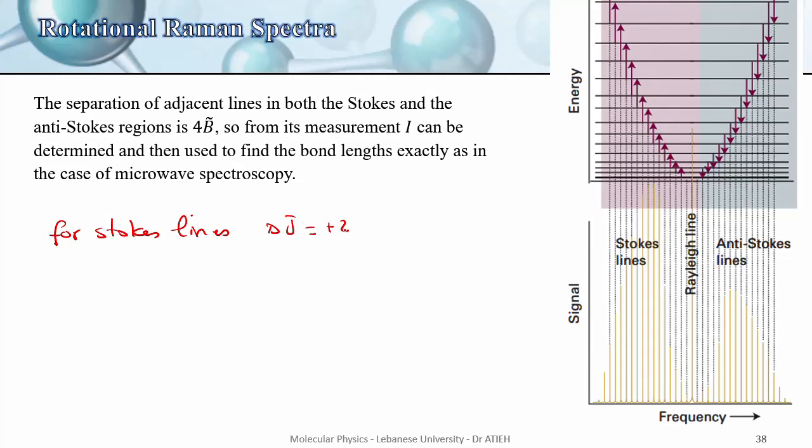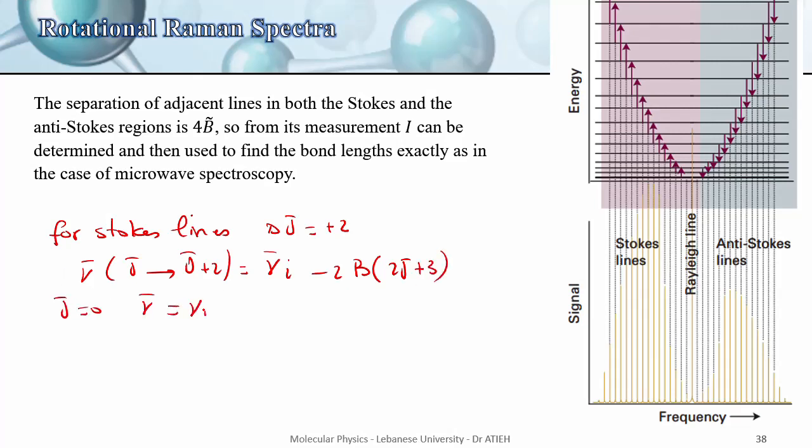And we've got nu bar, the scattered frequency when the molecule moves from a level J to J plus 2, equal to nu I, which is the incident wave number, minus 2B bar (2J plus 3). So if J is equal to 0, then nu bar is equal to nu I minus 6B bar. If J equals 0, there is a transition from 0 to 2.